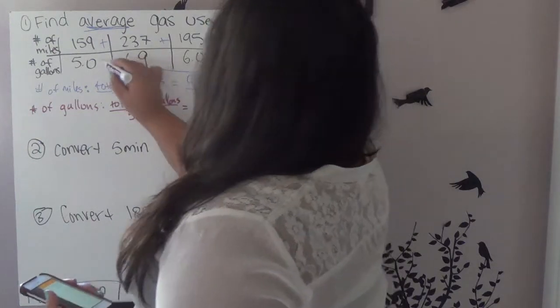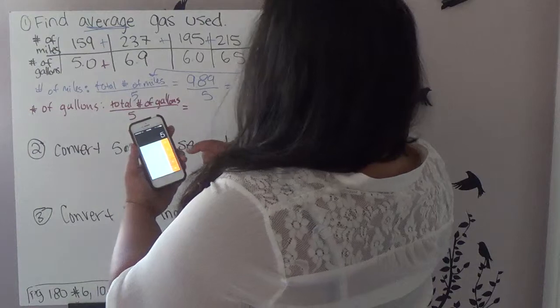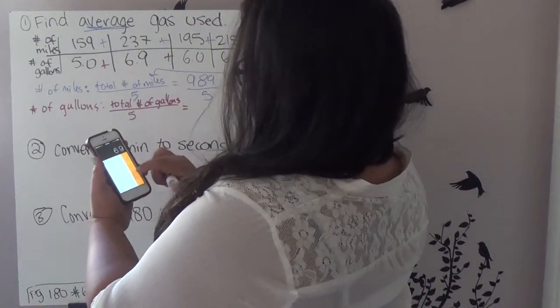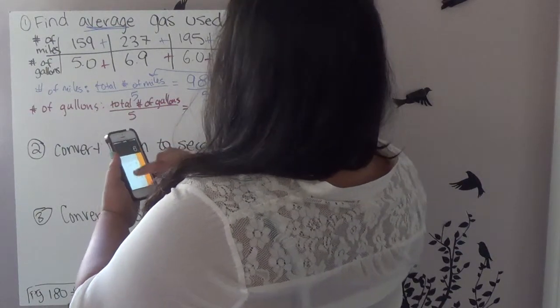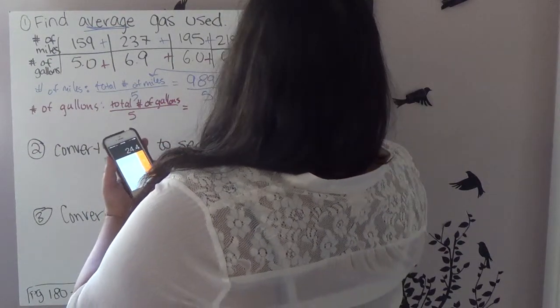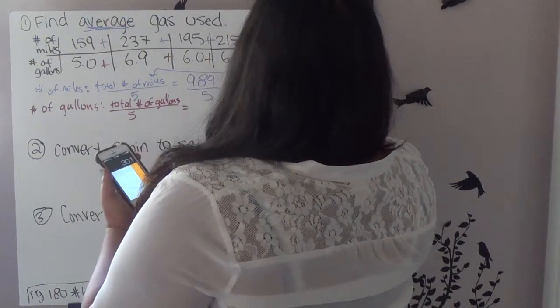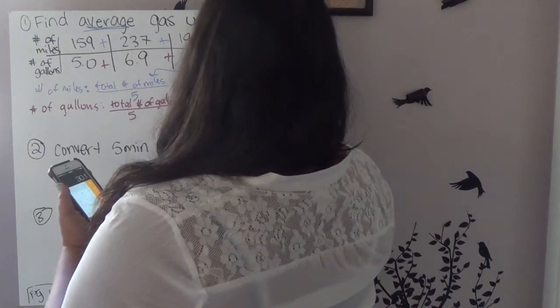It equals 5 plus 6.9 plus 6 plus 6.5 plus 5.7, which equals 30.1. That goes here.